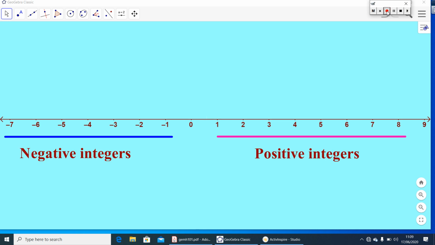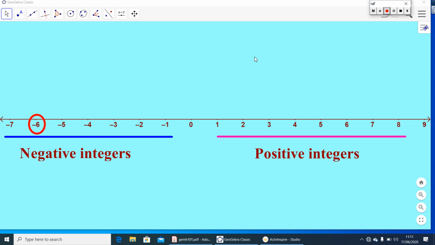The numbers which are on the right side of 0 we call positive integers, and the numbers which are on the left side of 0 we call negative integers. Now take an integer -6. What does -6 indicate?